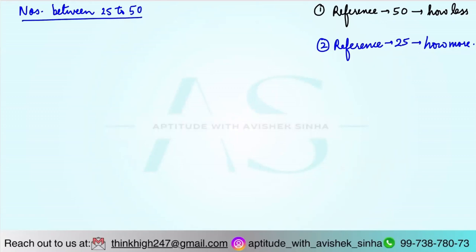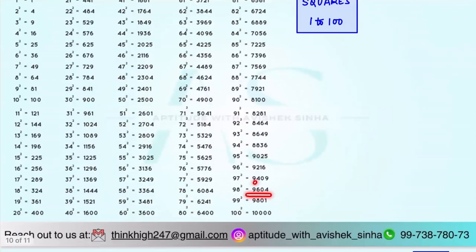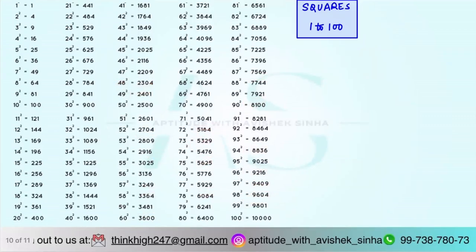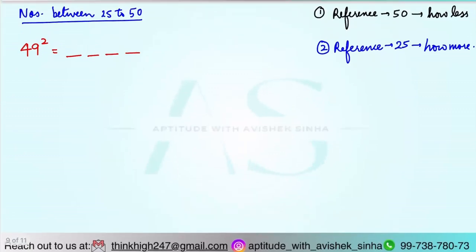Now, let's talk about 49 square. Please pay attention. This will always result in a 4-digit number. Talking about till 99 square, you'll always get a 4-digit number. I hope this is clear. All right. Now, come back to this. Read reference point 1: how less?